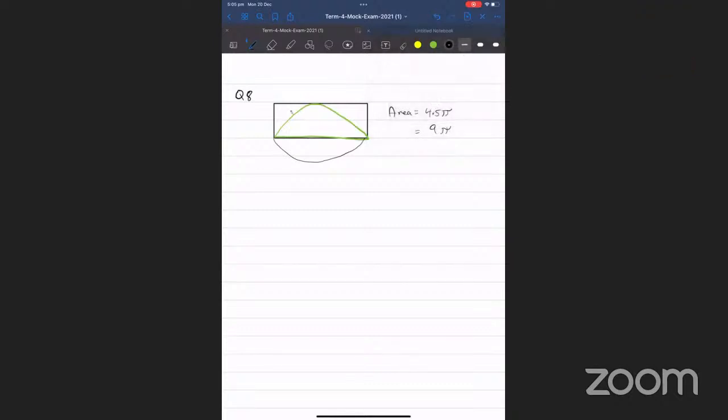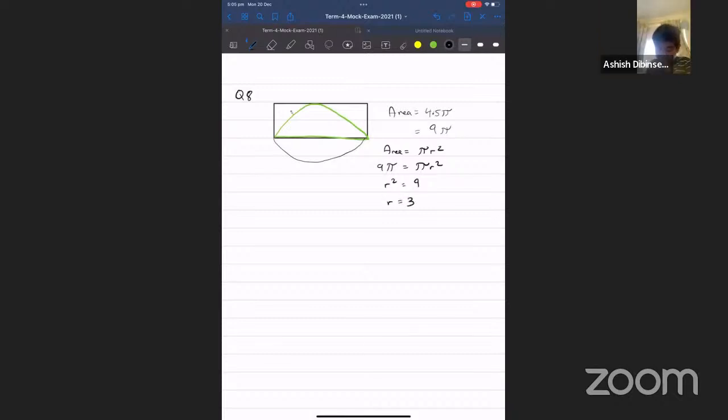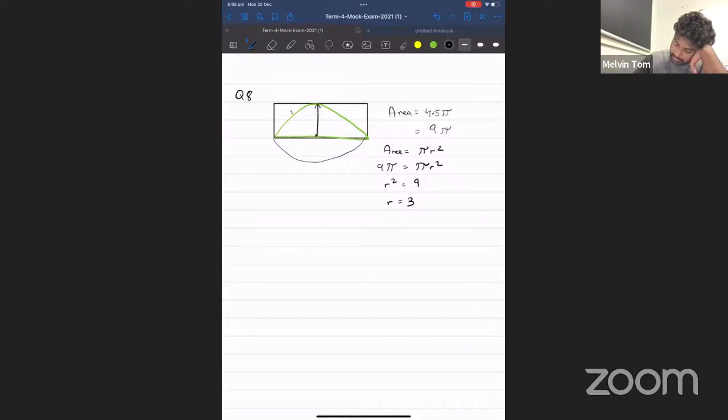Okay. So now we know that the area of a circle is equal to pi r squared. So if 9 pi is equal to pi r squared, what is r squared equal to? 9. So r is 3. So that means this distance here is equal to 3.